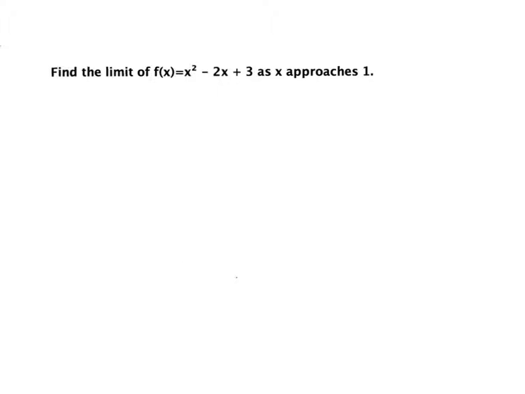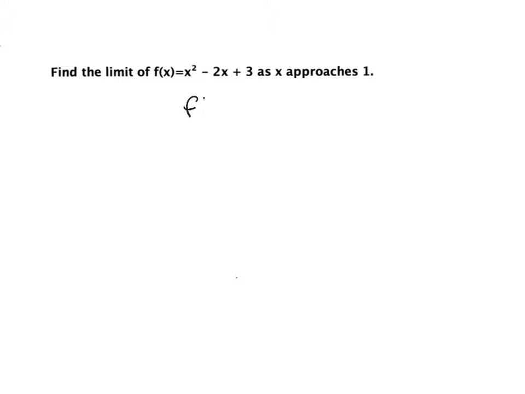Our first example today is a parabola, x squared minus 2x plus 3. We'll be finding the limit of that function as x approaches 1. So applying step 1 from the previous slide, we can plug in 1.